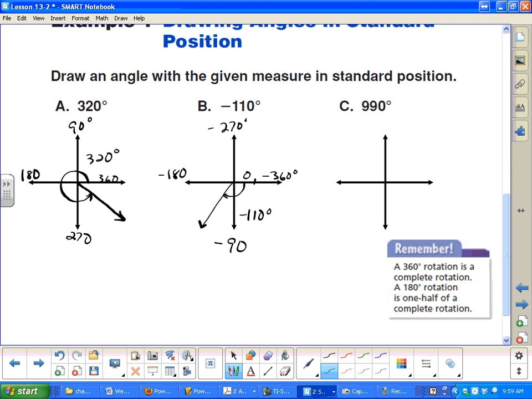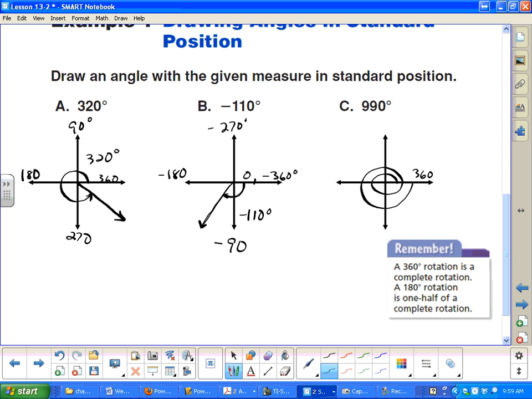Now make sure you have an arrow, that this is a ray, so that means it goes on forever. This also has an arrow, so I show which direction the angle is going. All right, letter C, we have a positive 990 degrees. We know that 360 is all the way around one time. Go around a second time, I've now gone 720 degrees.